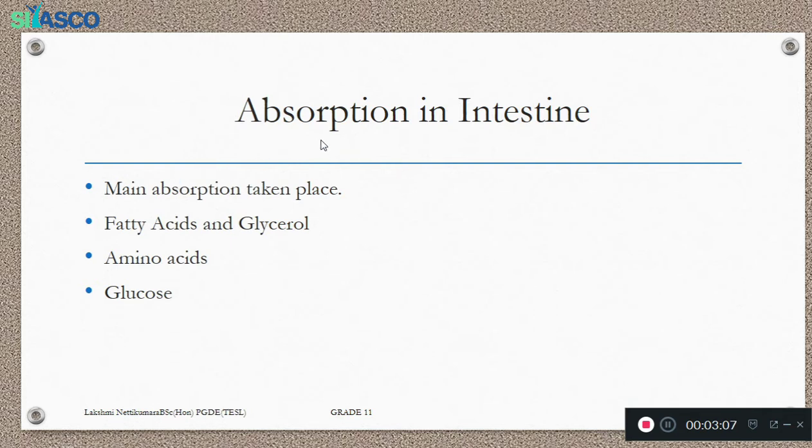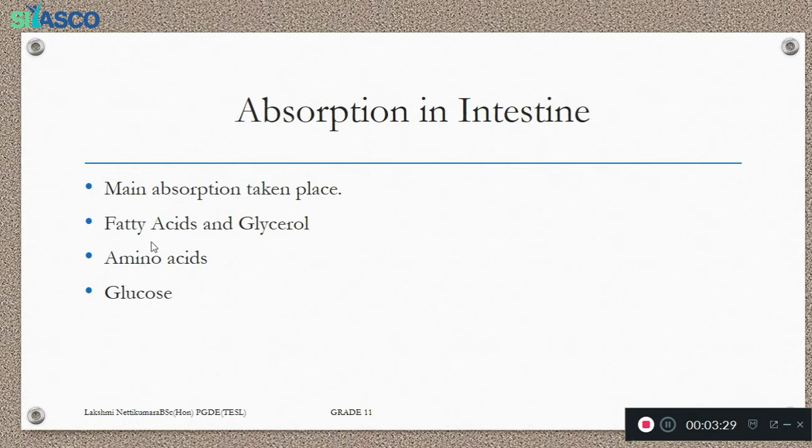What will absorb in the intestine? As mentioned in the first video, small intestine is the main part of the digestive system to do the digestion as well as the absorption.